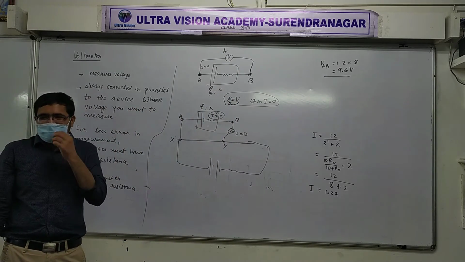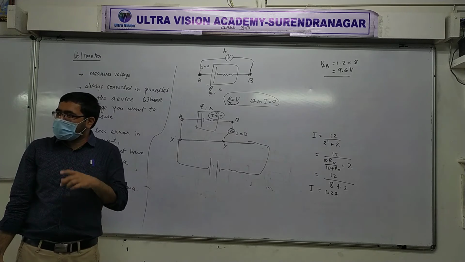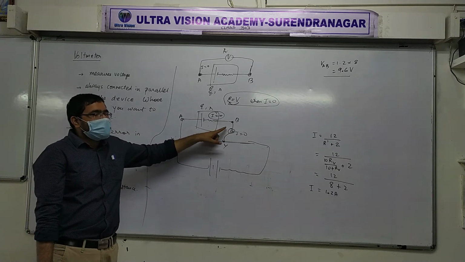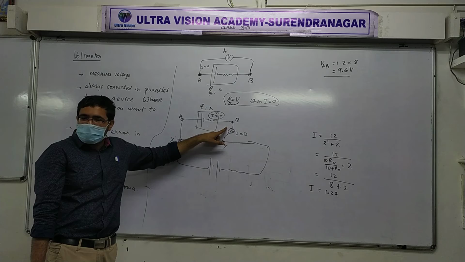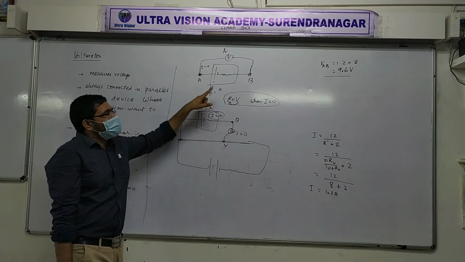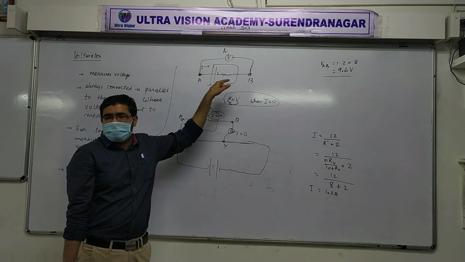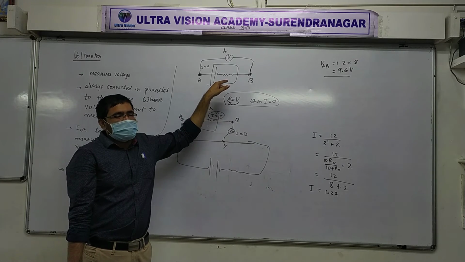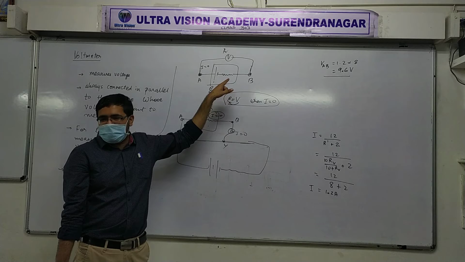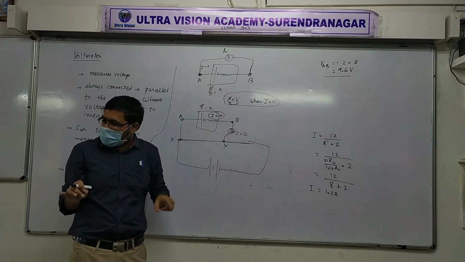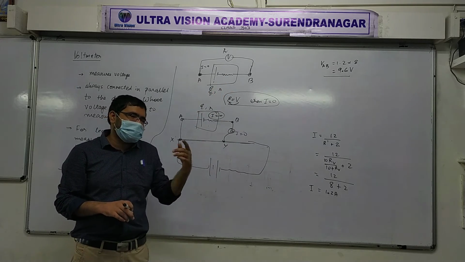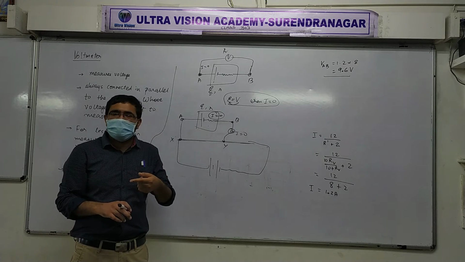So why does potentiometer measure EMF? Because you can use it even if current is not flowing. Open circuit. So why does voltmeter not work to measure EMF? Because for a voltmeter to work, current must flow, and if current flows, it's not called EMF.